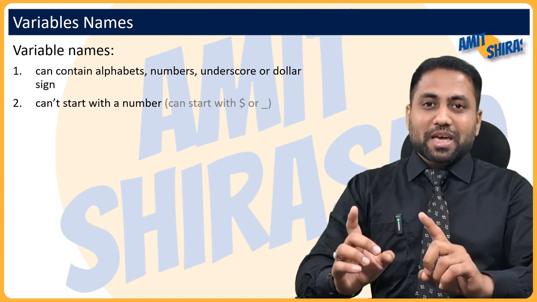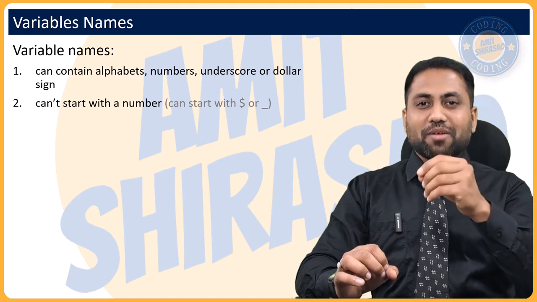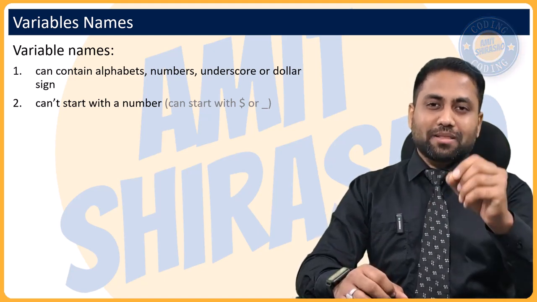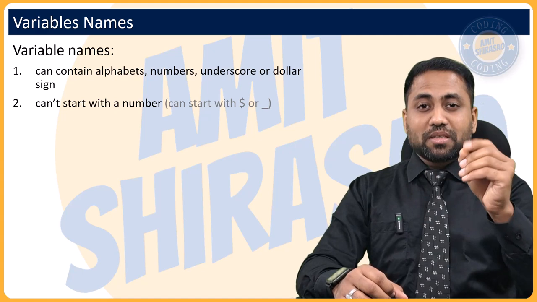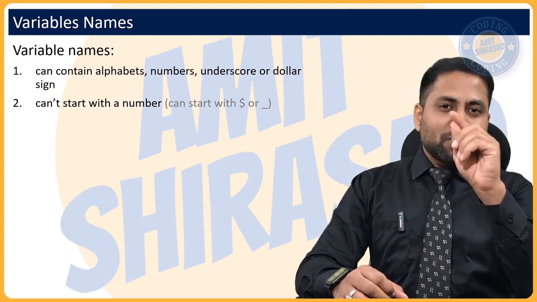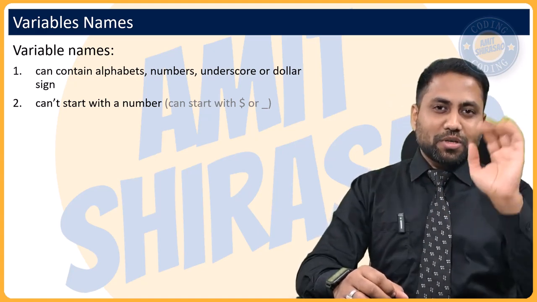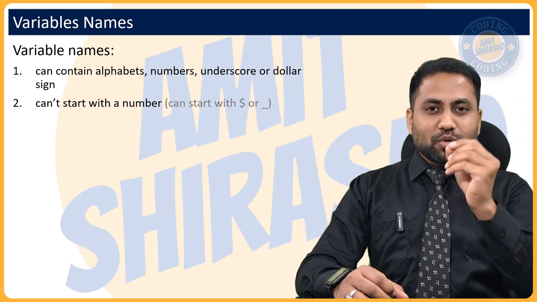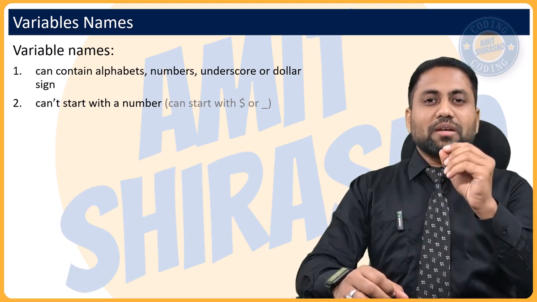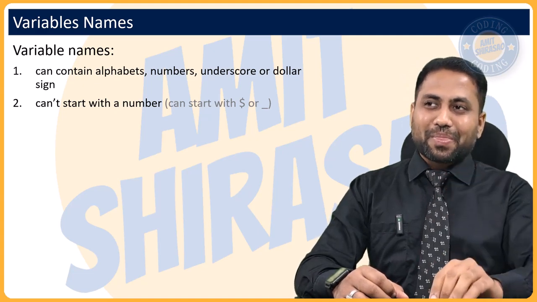You can have a number later on, like Amit1, that is okay, but 1Amit is not allowed. You can always have a dollar or underscore even at the beginning. This rule is only for numbers, not for the dollar sign or the underscore.